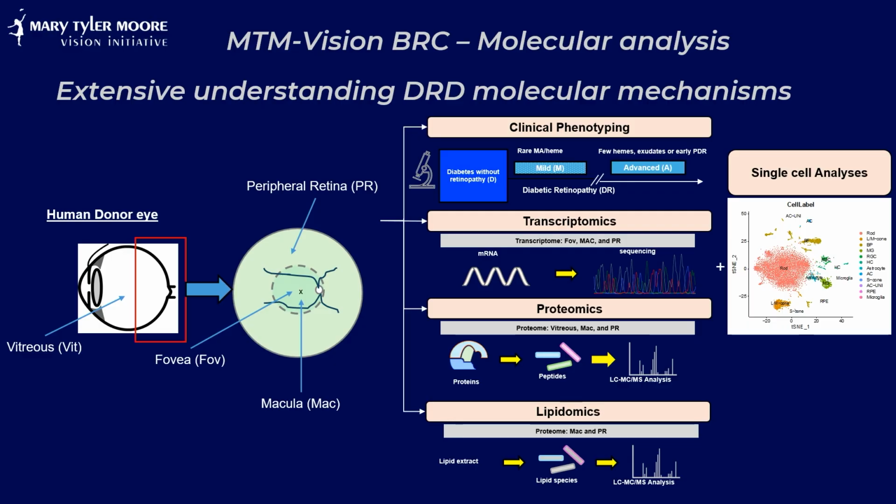We are studying this in conjunction with the clinical phenotyping of those donors with and without diabetes and with and without diabetic retinopathy or diabetic retinal diseases, and performing multiomics analysis, assessing the impact of diabetes on the transcriptome, proteome, lipidomes, and now pushing farther into single-cell analysis.